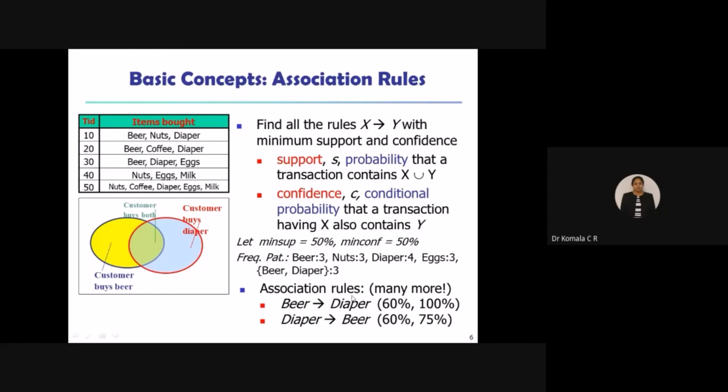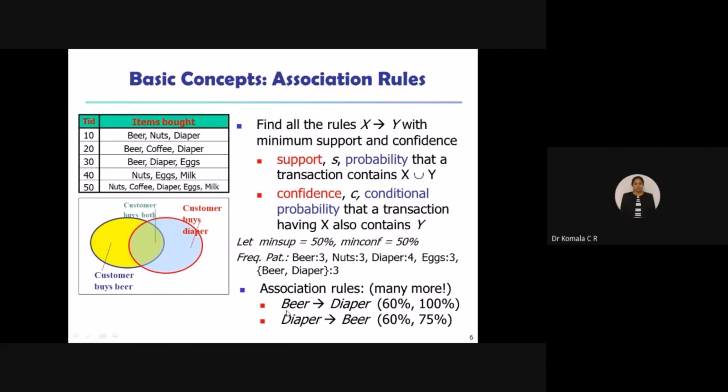So what are my association rules now? I will check X implies Y. First I take X as beer and Y as diaper. These two together appear in 3 out of 5 transactions. 3 by 5 gives 60%. That you write as the support.